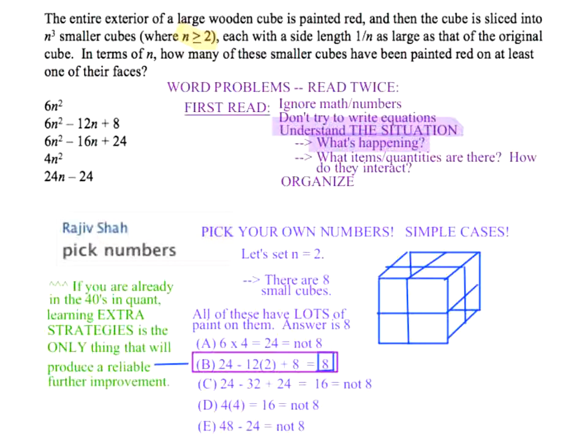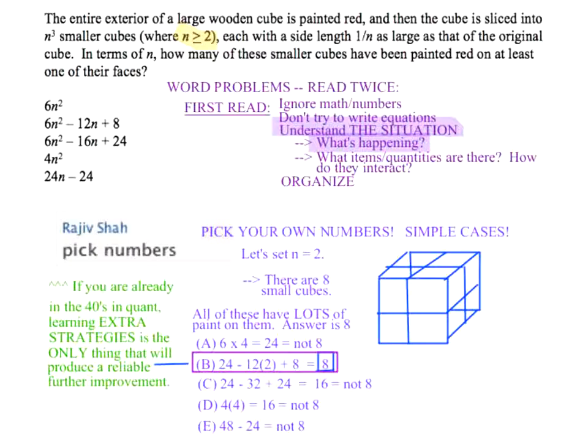It's the only thing. If you are in the 40s in quant, then you know more than enough mathematics. In fact, probably if your quant score is anywhere from 35 on up, then you know all of the math that you really need to know to take this exam. And it's this kind of thing that is the point.